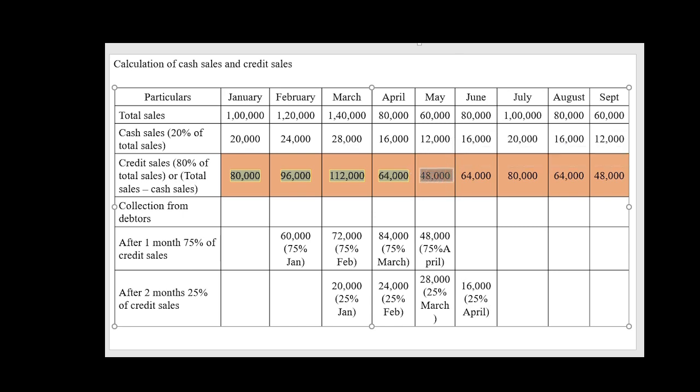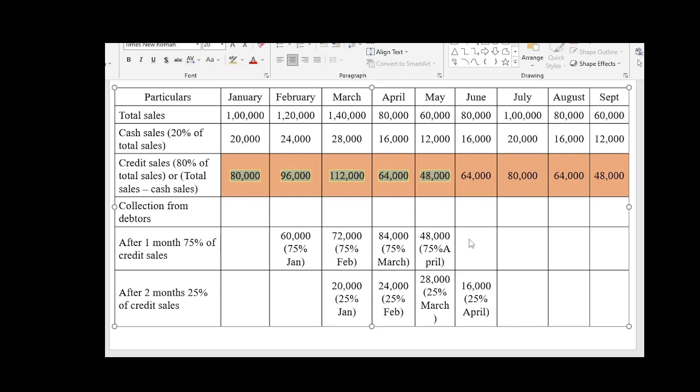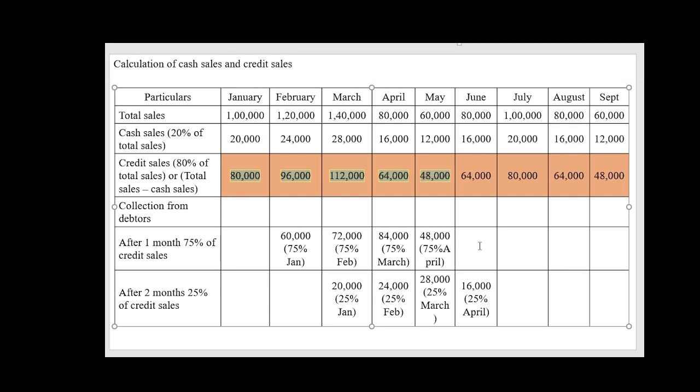May's sales is 48,000. 75% of it will be 36,000, and 25% of it will be 12,000.